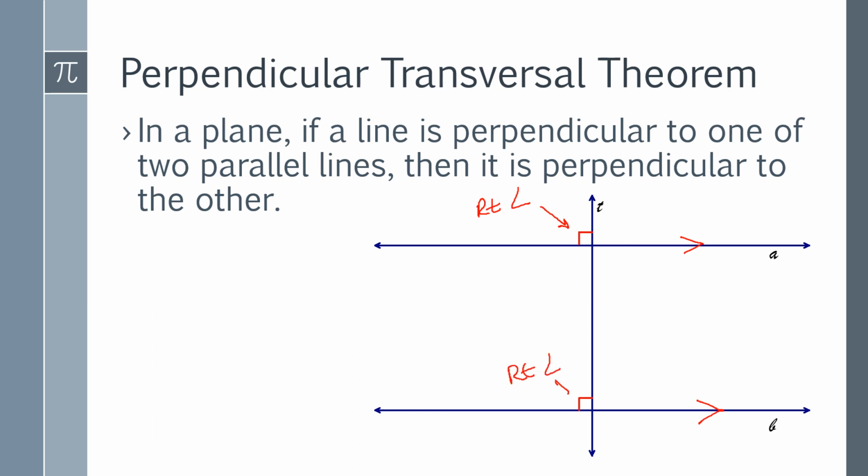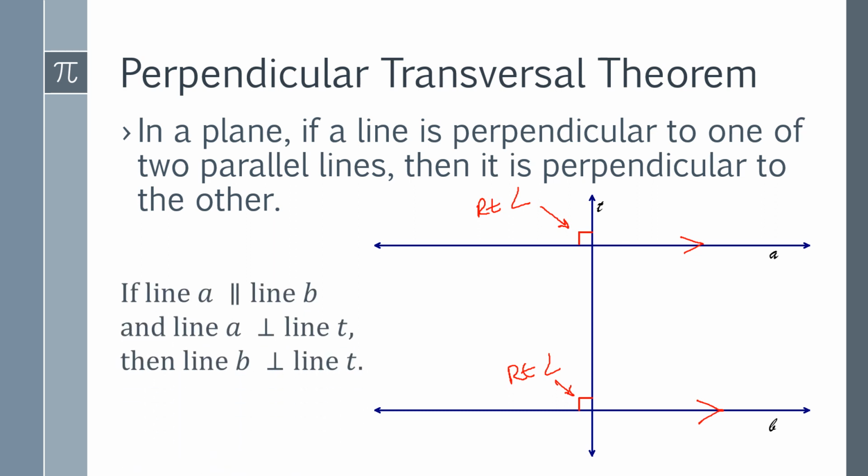And since this is a right angle, then T is perpendicular to B. So if line A is parallel to line B, and line A is perpendicular to line T, then line B is perpendicular to line T as well.